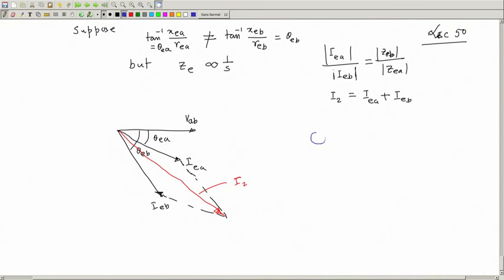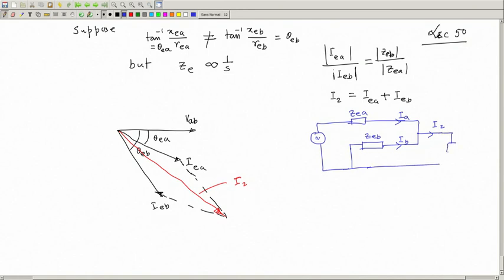This is my circuit, this is your ZDA, this is your ZDB, these two are parallel, this is your I2, this is your IA, this is your IB, and here is your secondary load Z2.